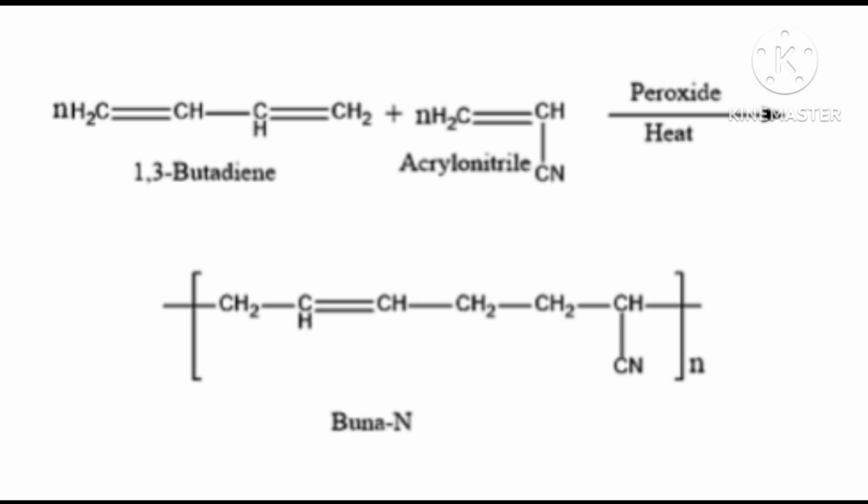Sulfur will make a bond with S and C on one side, and on the other side also S and C. Wherever possibility is there, you have to maintain the tetravalency of carbon. Whenever it makes a link, you have to check whether the valency is 4 or not. If not 4, then it will not join.